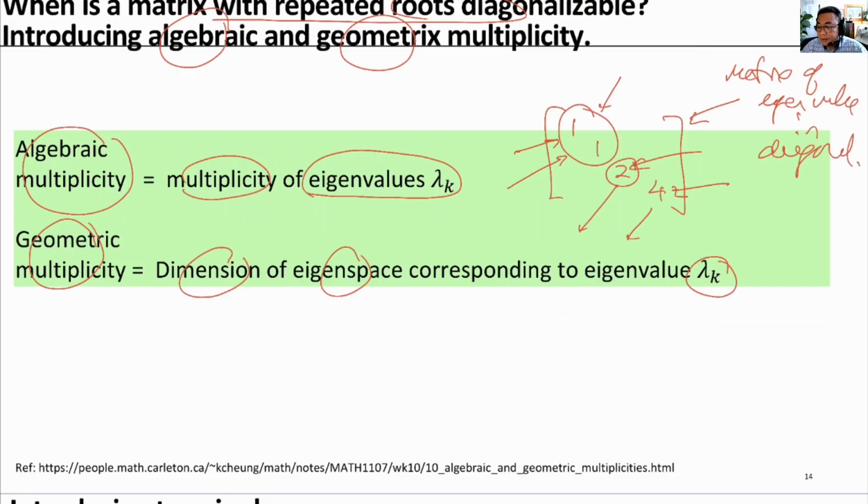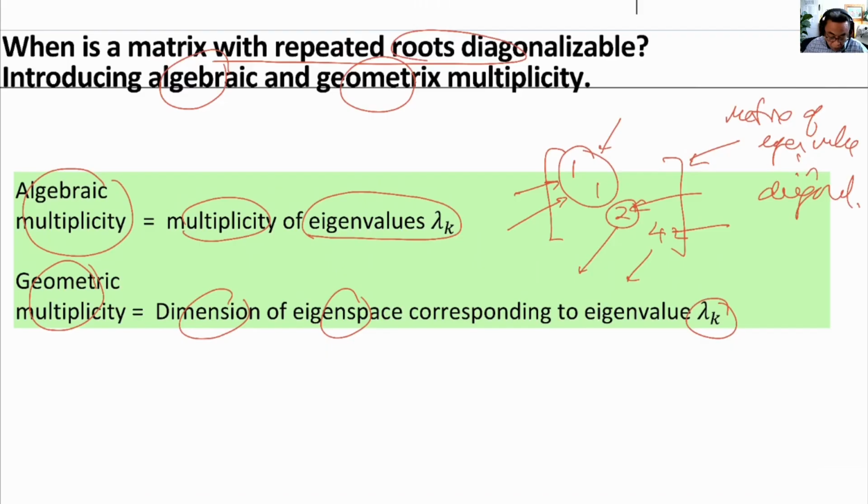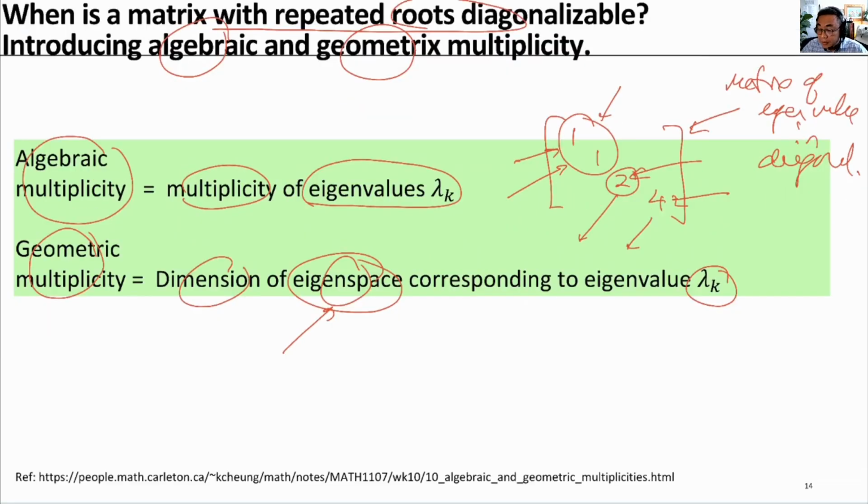Alright, let's see. We need to introduce the term eigenspace. The eigenspace is the space spanned by the eigenvectors corresponding to this particular eigenvalue.